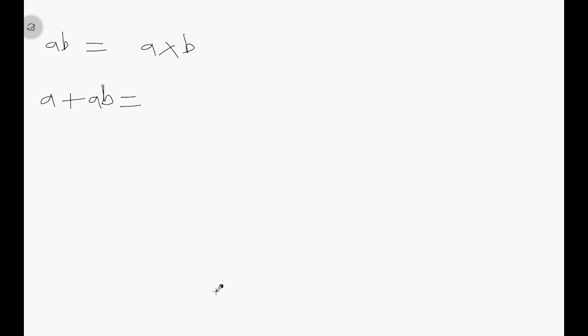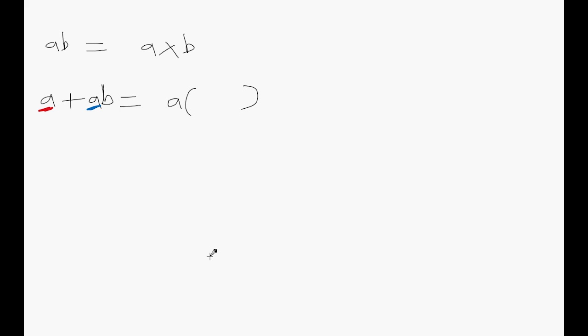So here we have the A in this term, and here we also have A in this term. That means we can factor out an A since it is common to both terms. How we do that, we would just write down the A and open a bracket and close the bracket.